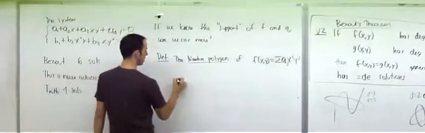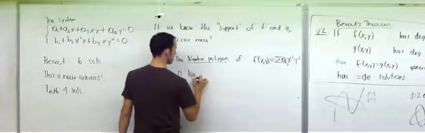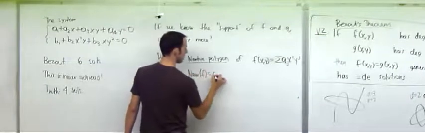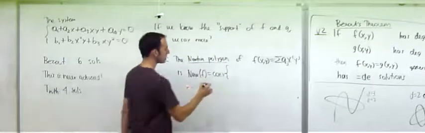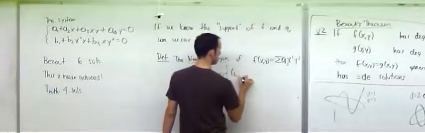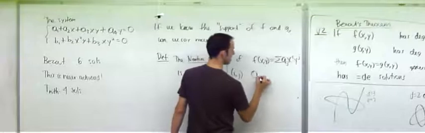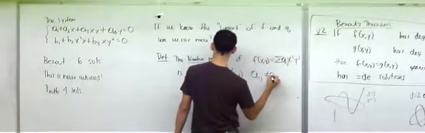The Newton polygon is the convex hull of the points (i, j) such that a_ij is not 0.